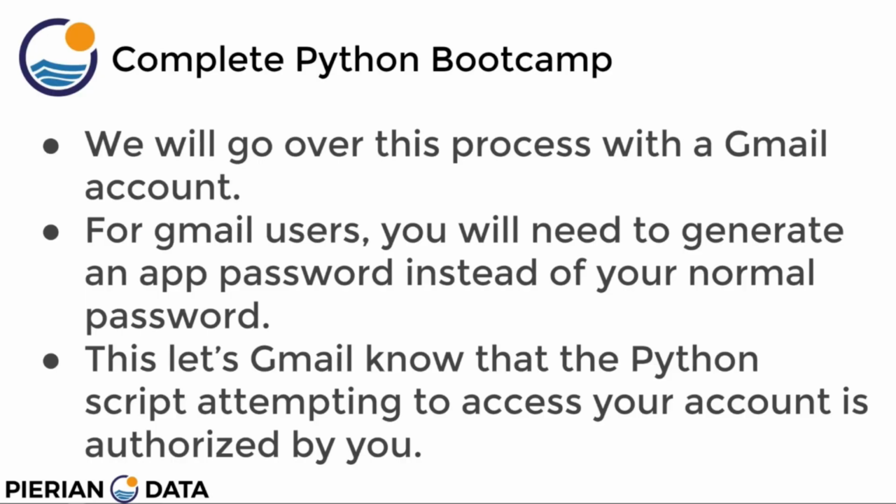That way, in case this application gets compromised somehow, the password you originally used is not compromised. So you're able to create a special app password just for your Python script, and it also lets Gmail know that you're specifically authorizing this other application, our Python script, to access your account.